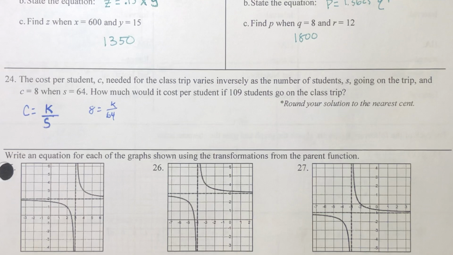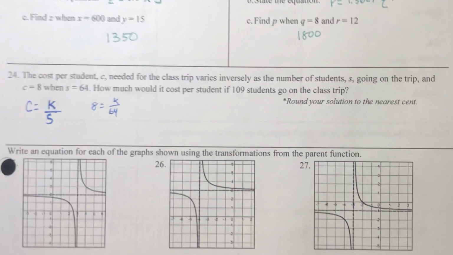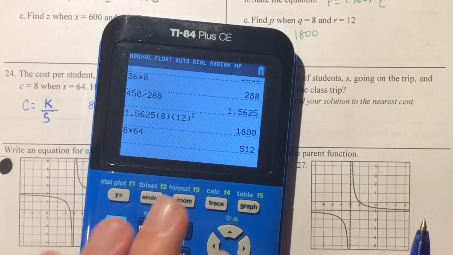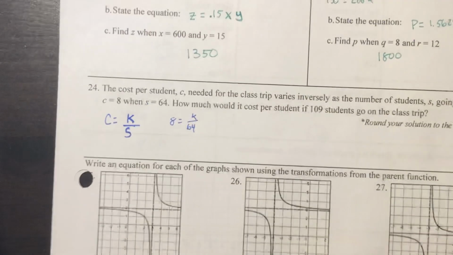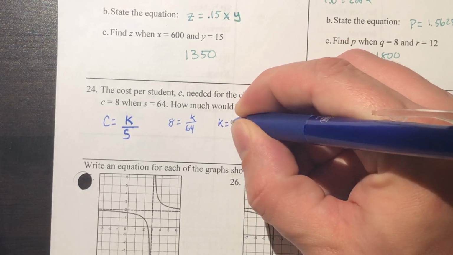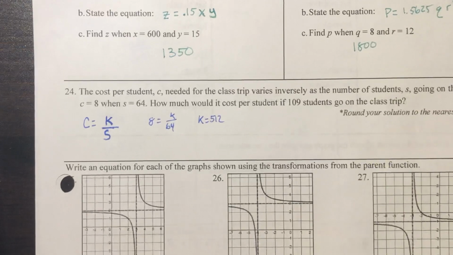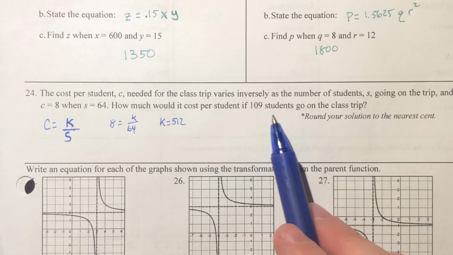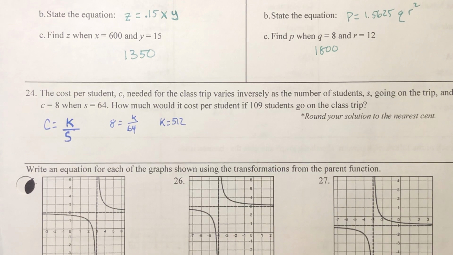To find that, you're going to multiply both sides by 64. So 8 times 64 is 512. And that's what K is. So K equals 512. How much would it cost if 109 students go on the class trip?